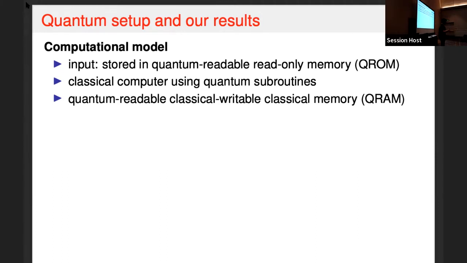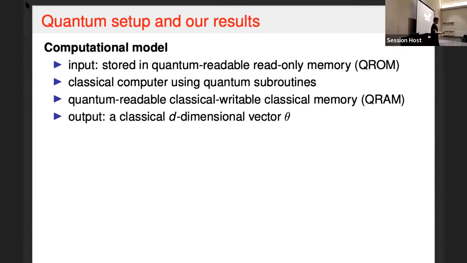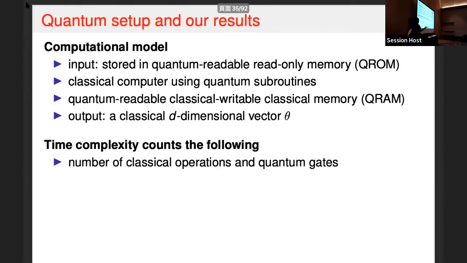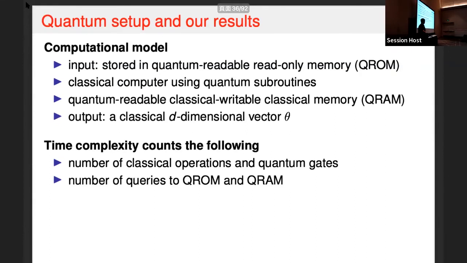I know some of you might be very skeptical about this type of data structure, but the good thing here is we don't really use too many of them. And at the end, instead of outputting a quantum state of theta, our goal is to output a classical vector theta. Our time complexity counts the number of operations and quantum gates, and also the number of queries to QROM and QRAM.